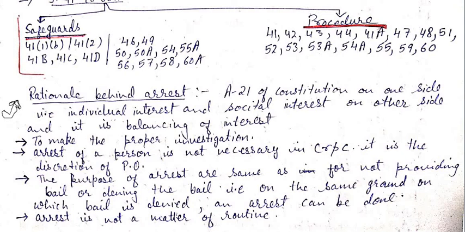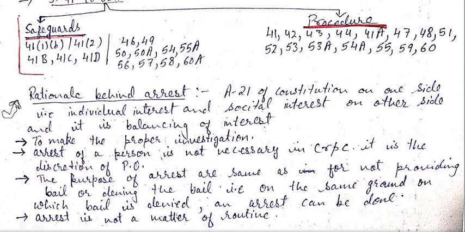So the issue is not whether the person is to be arrested or not to be arrested. प्रॉब्लम ये नहीं है कि एक व्यक्ति को अक्यूज्ड को अरेस्ट किया जाना चाहिए कि नहीं किया जाना चाहिए. The issue is why the arrest is made, अरेस्ट क्यों कर रहे हैं, and in the case of arrest there should be transparency and accountability.